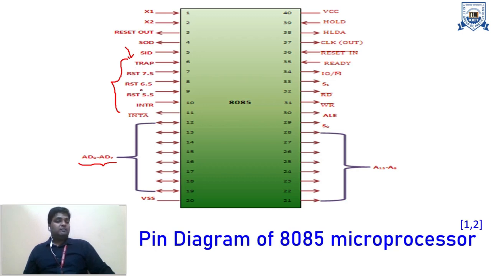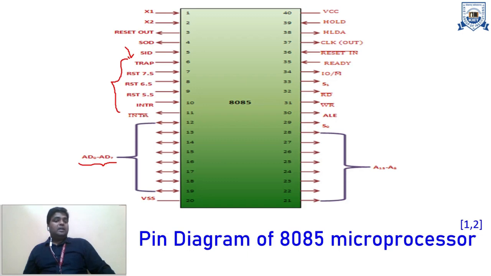RST 7.5, 6.5 and 5.5 are maskable vectored interrupts, which take the program control to some other locations. Then we have INTR, the interrupt request signal, which is very low in priority. So these are your interrupt pins.